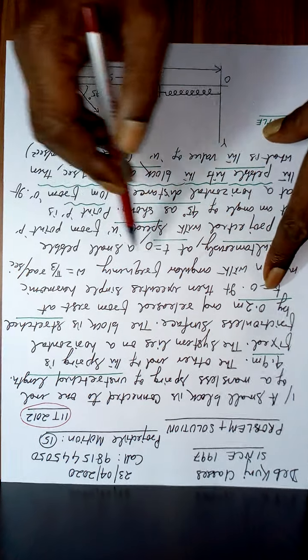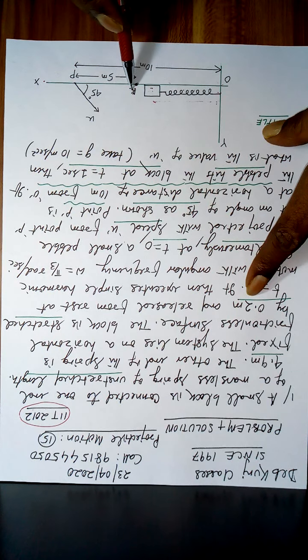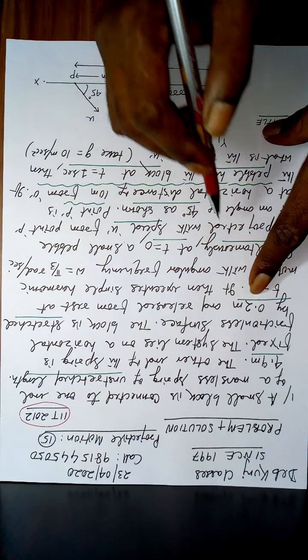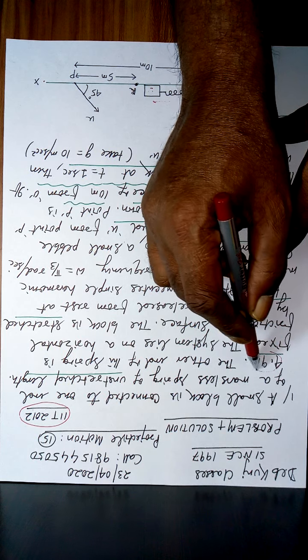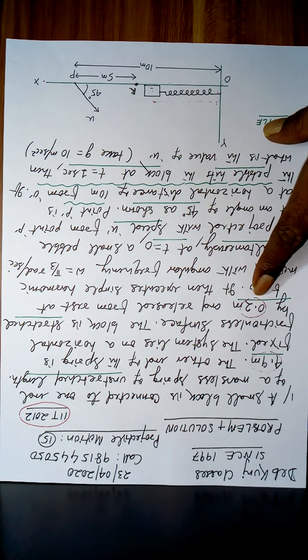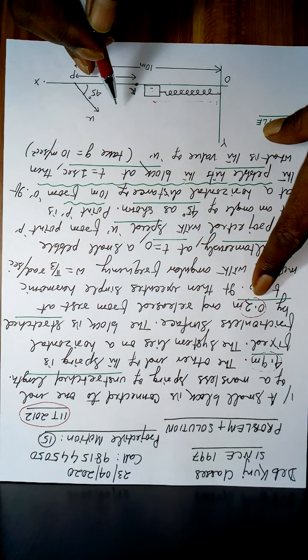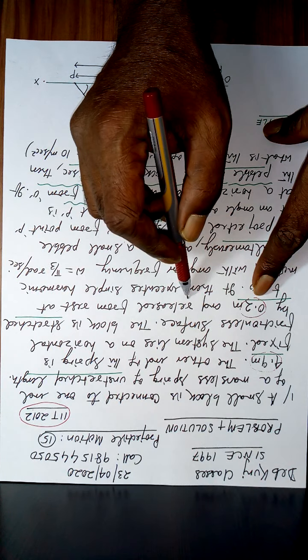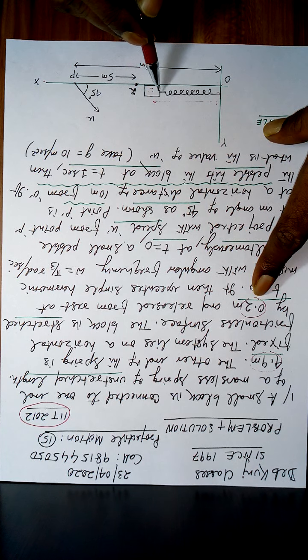This block is stretched by 0.2 meter. This is the original unstretched length 4.9 and it is stretched by 0.2 meter. Now look, it is stretched and released.